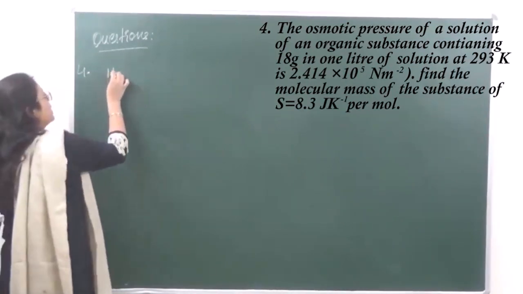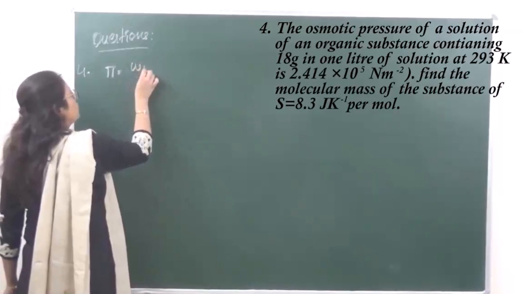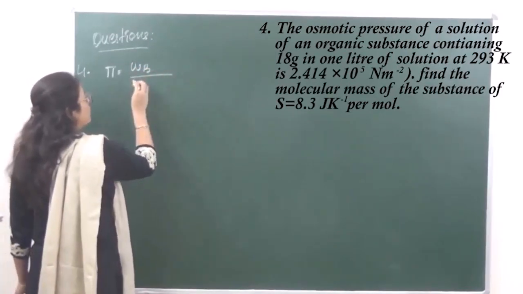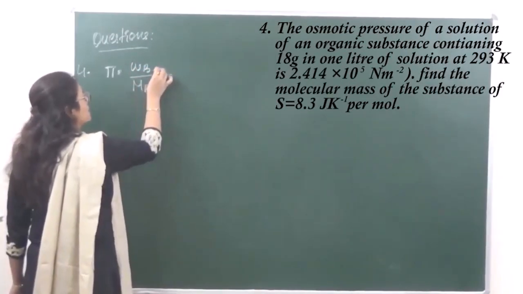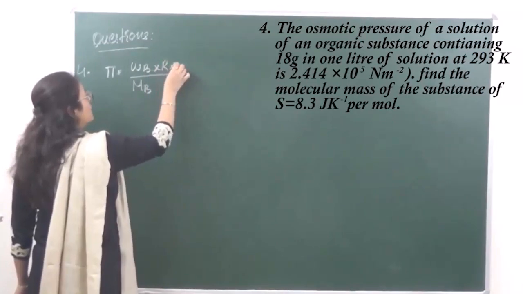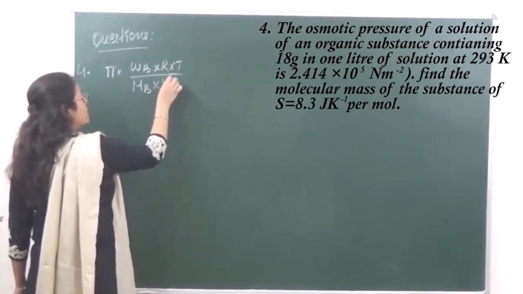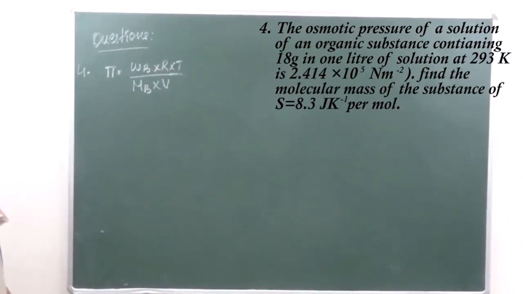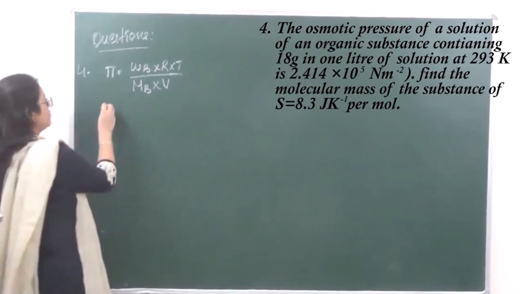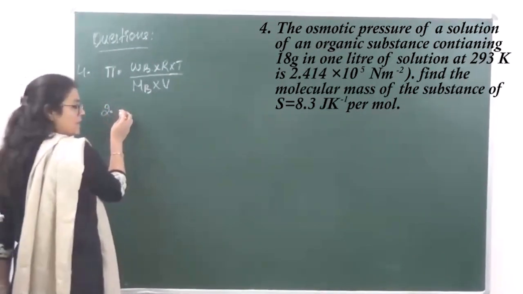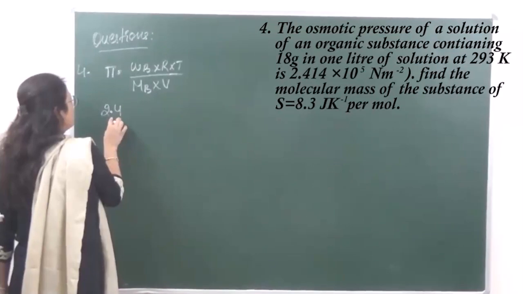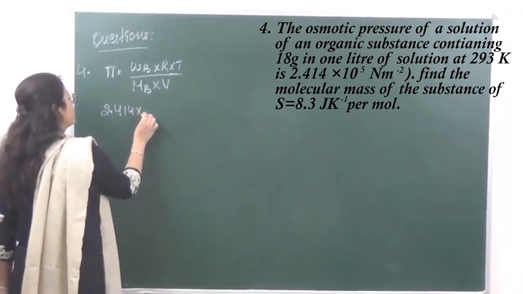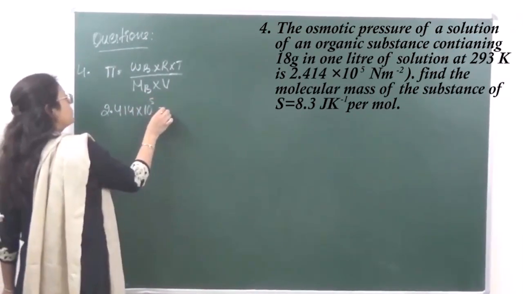Let's say pi is equal to WB upon MB into R into T upon V. Now pi that is given to us over here is 2.414 into 10 raised to power 5, given in Pascals.